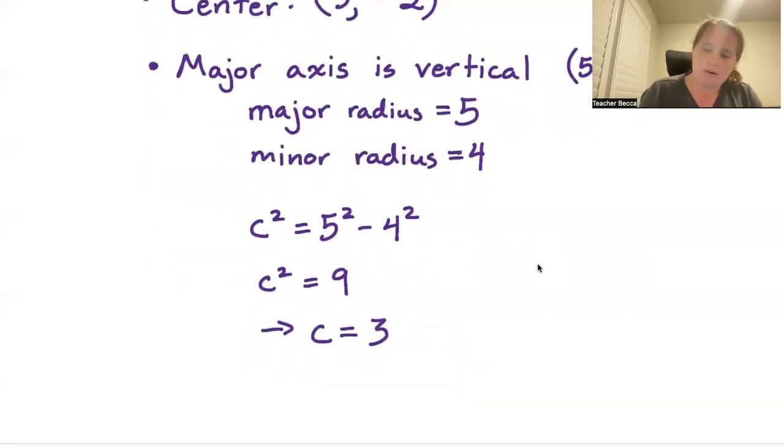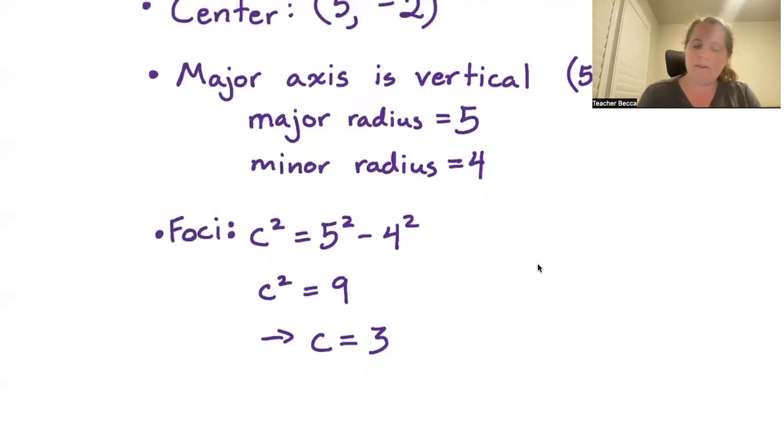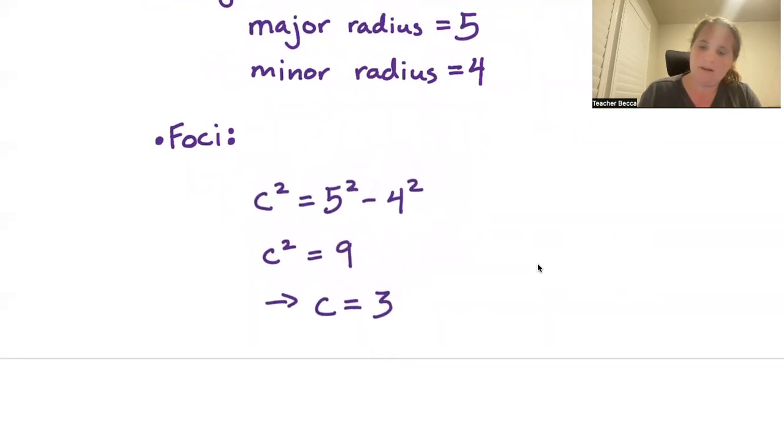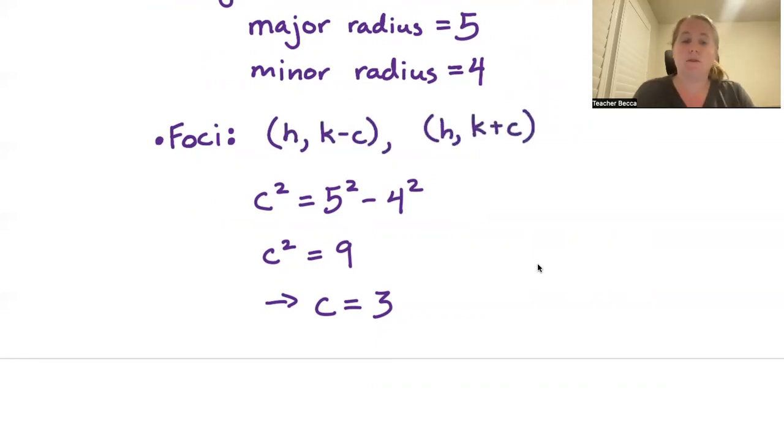So this is for our foci and eccentricity. We have our c. We know we are on the major axis, and the major axis is vertical, so the foci should be h comma k minus c and h comma k plus c.